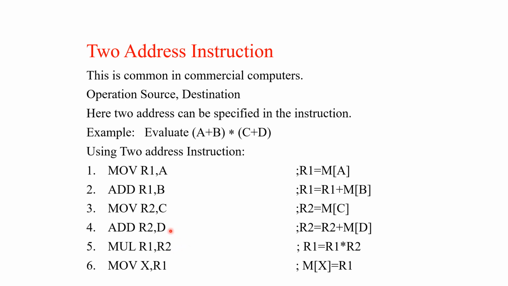Then add the value of d to r2, resulting in r2 equal to c plus d. Next instruction multiplies r1 and r2, storing the result in r1. Then move the result of the multiplication into memory location x. This sequence efficiently evaluates the given arithmetic expression using basic operations in a two-address architecture.